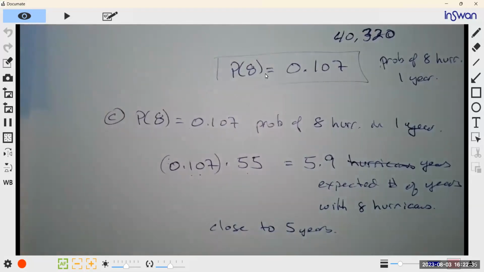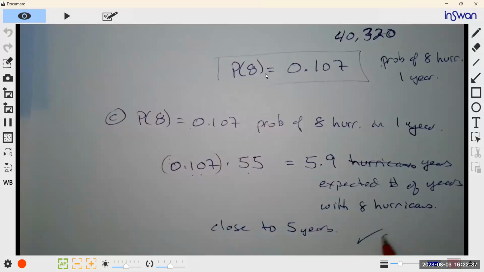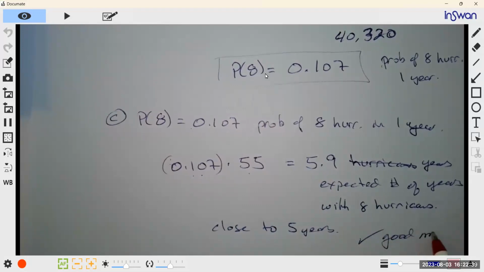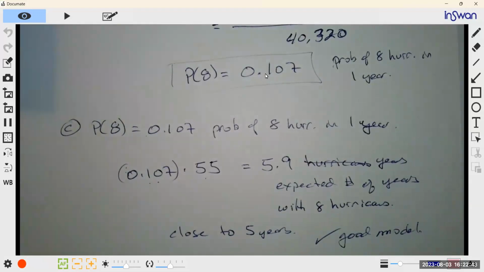So it works. So it's a good model. It found what we're looking for.